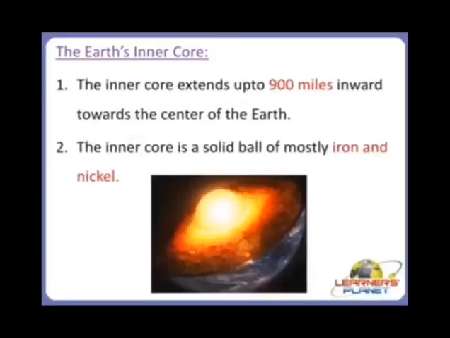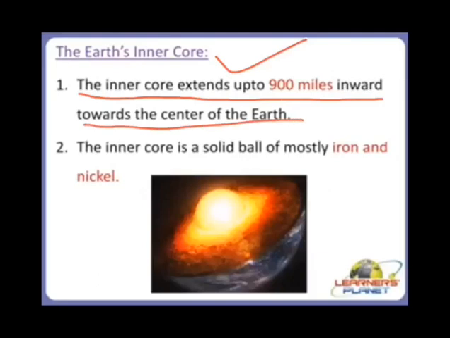Now the next is the earth's inner core. The earth's inner core extends up to 900 miles inward towards the center of the earth, and the inner core is a solid ball of mostly iron and nickel. As you know that the earth's outer core is made up of mostly iron and nickel, and the inner core is also made up of iron and nickel.